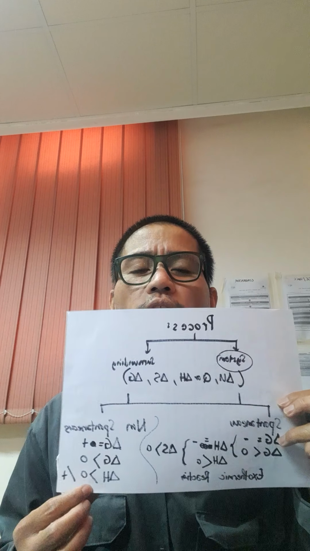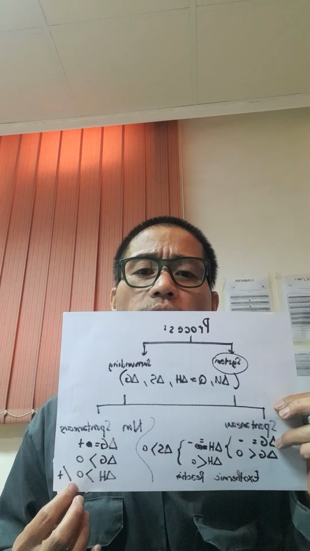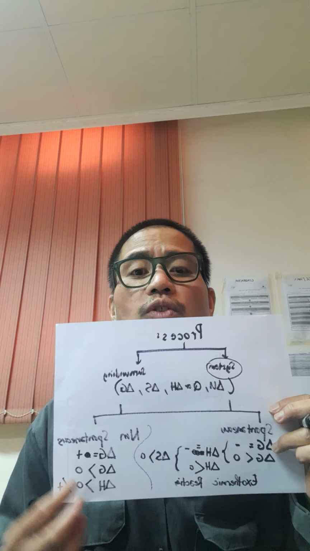So your enthalpy also will be greater than 0 or positive, because the delta G and the enthalpy are directly proportional with each other. A positive value of enthalpy is directly proportional, and inversely proportional with the entropy, so the entropy will decrease. It is less than 0.